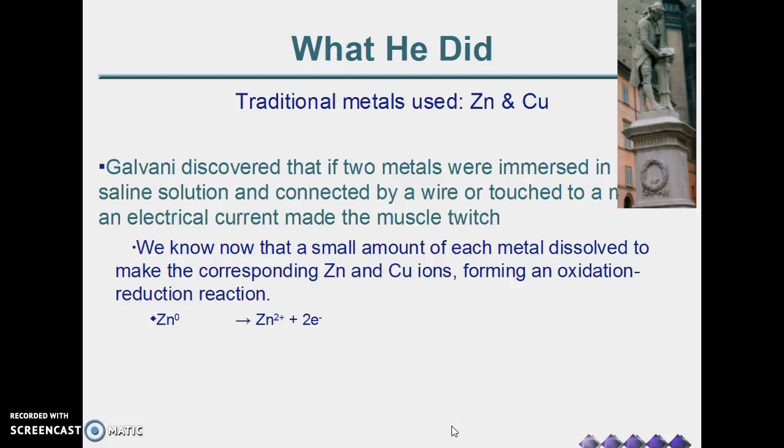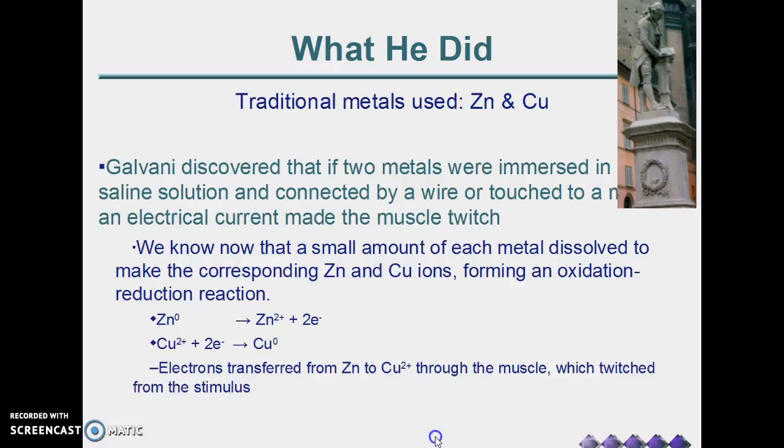The zinc was being oxidized, as you see here, and the copper ions were being reduced. And he made the electrons flow from the zinc to the copper ions through, in this case, the frog muscle. And the muscle then twitched from the stimulus, and that would continue, of course, until it ran out of ATP.